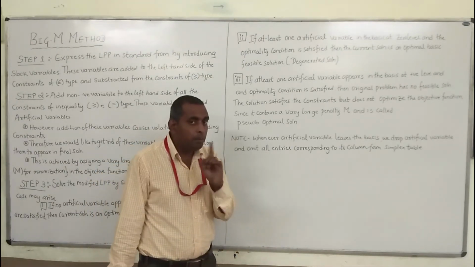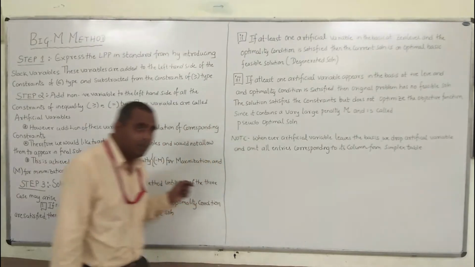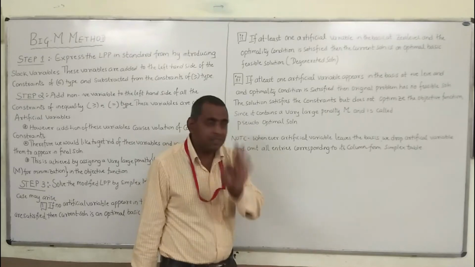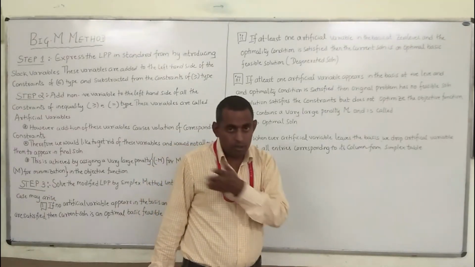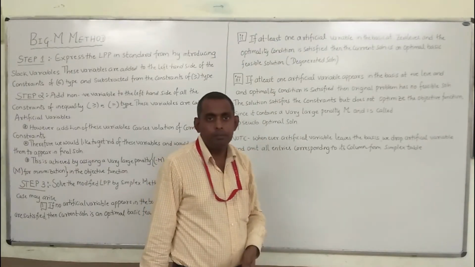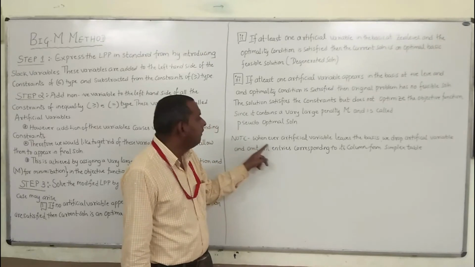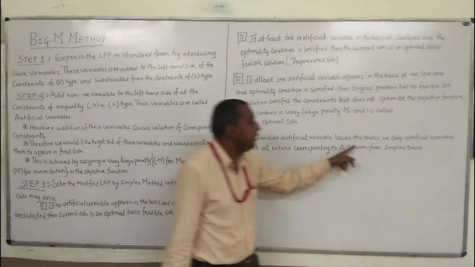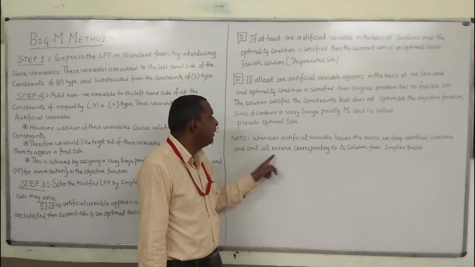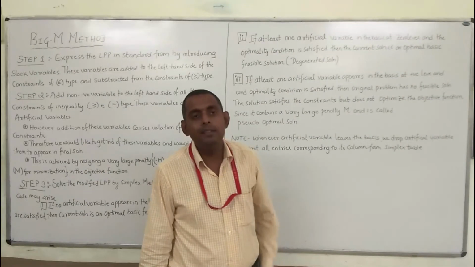A very important thing to remember when solving using the simplex method is that whenever an artificial variable leaves the basis, we drop the artificial variable and omit all the entries corresponding to that column in the simplex table.